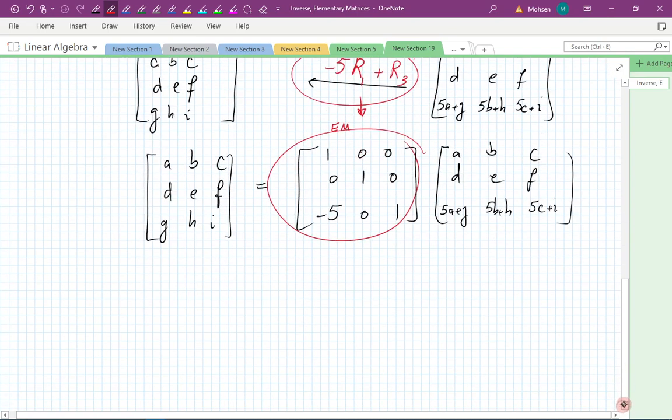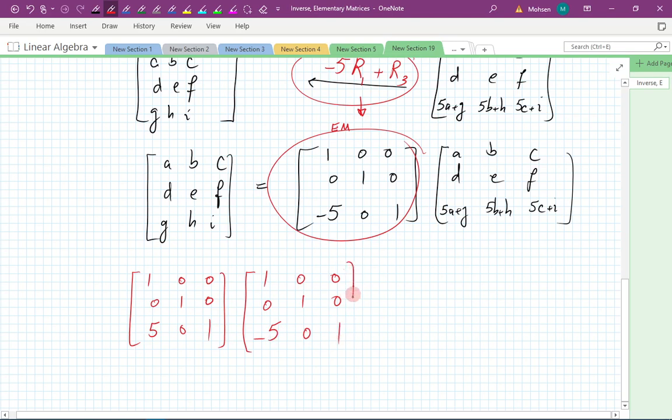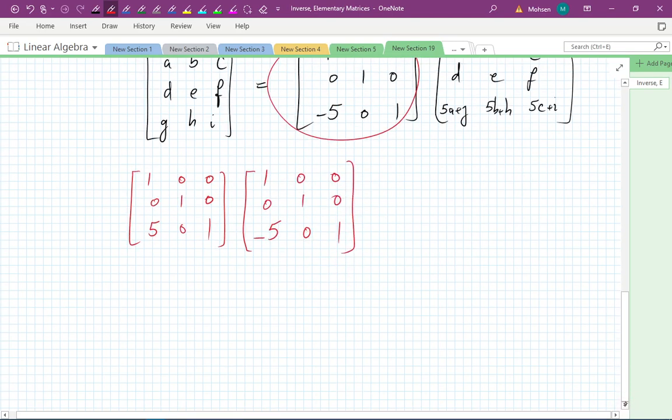Let's go ahead and check it, that if I have 1 0 0, 0 1 0, 5 0 1, and then I consider this other one 1 0 0, 0 1 0, minus 5 0 1, my discovery is that these two are inverses of each other.